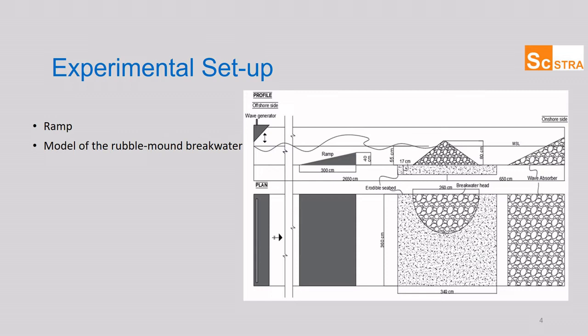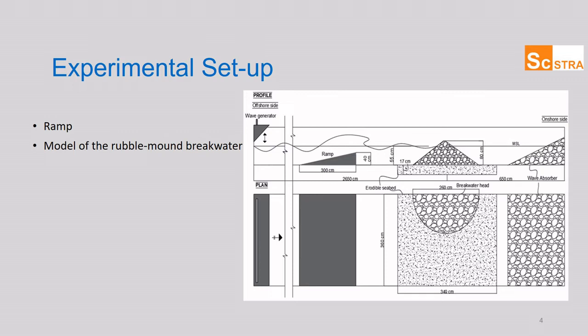And on the shore side of the wave channel, there is a wave absorber system to eliminate the reflection of the incident waves. In this section, there is a sand pit and the breakwater head section located in this place.